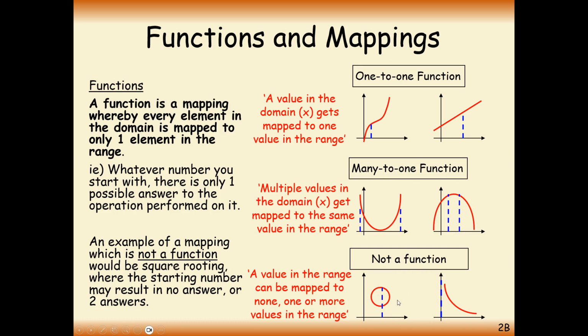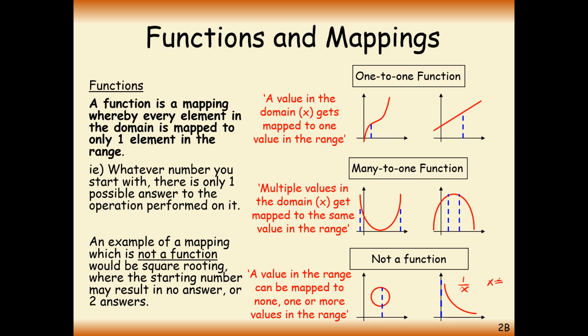Therefore, the equation of a circle doesn't constitute a function, or in this case 1 over x. The vertical line doesn't cross the graph at x being equal to 0. Therefore, if we had to make 1 over x a function, we have to justify and exclude the fact that x could be 0.